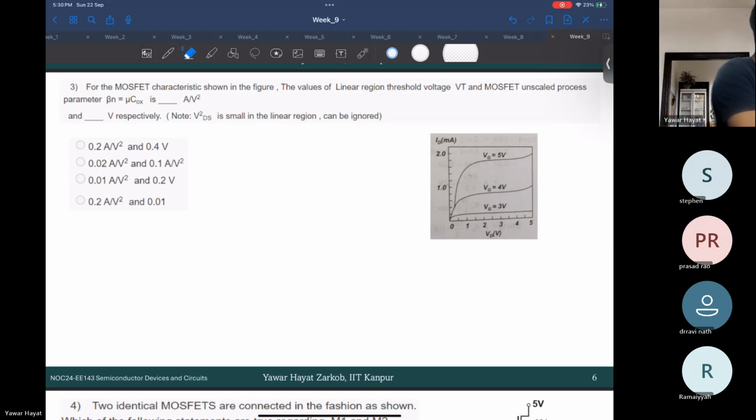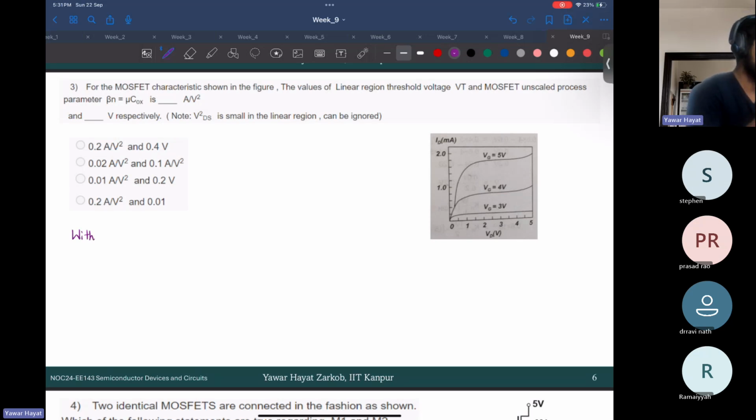Now we have this, we'll proceed as follows. We'll write with the assumption that your VDS is small in the linear region, and so is this VDS square. So our equation for the IDS simplifies to the following.